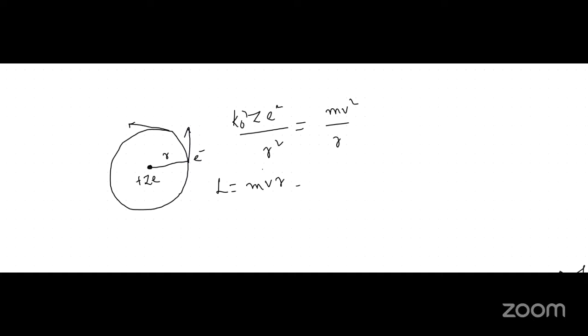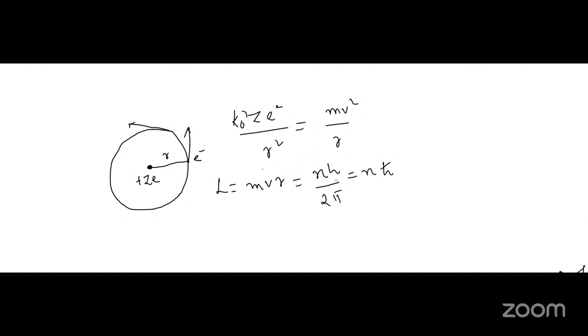From the second postulate, this L should equal nh by 2 pi, which is n h-cut, where h-cut is nothing but h by 2 pi.